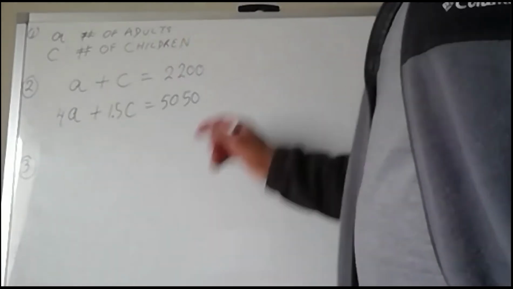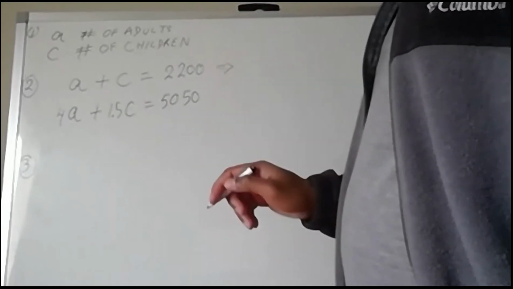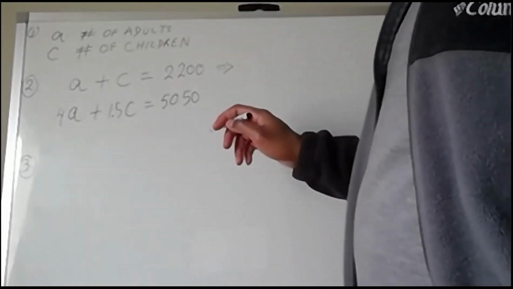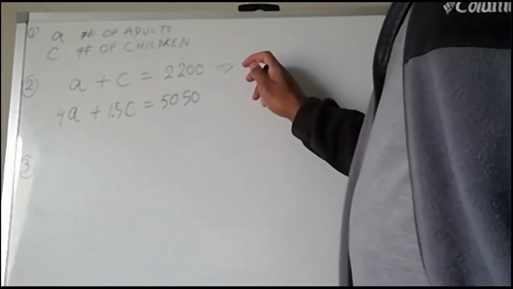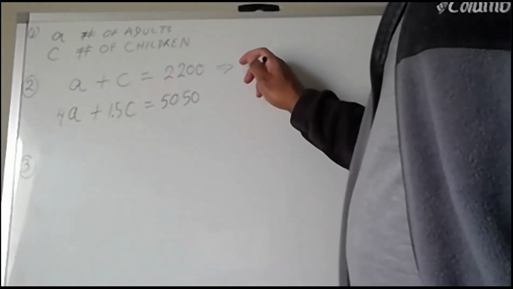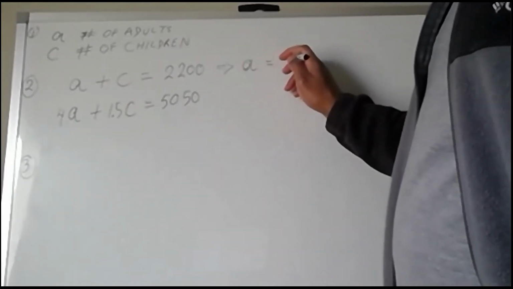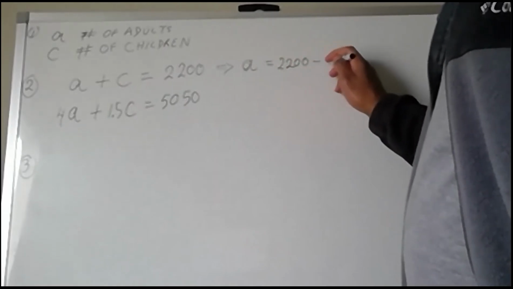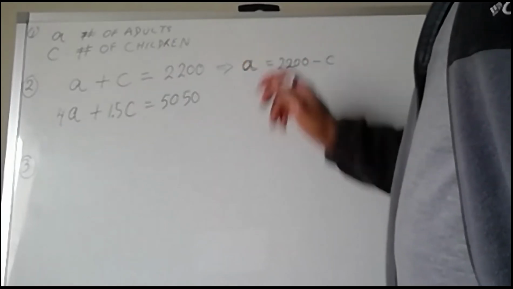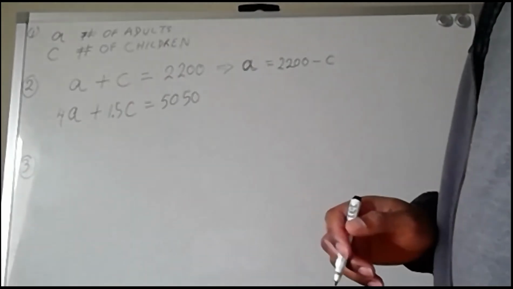So I'm going to rearrange this by subtracting C from both sides. And when I subtract C from both sides, I'm going to get A is equal to 2,200 minus C.